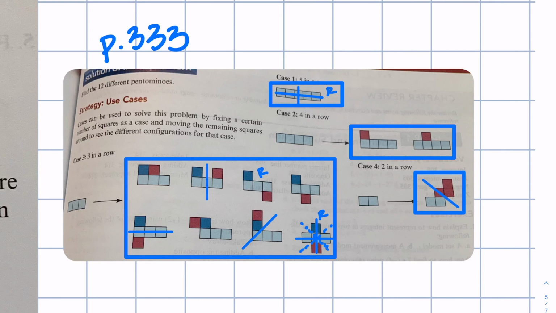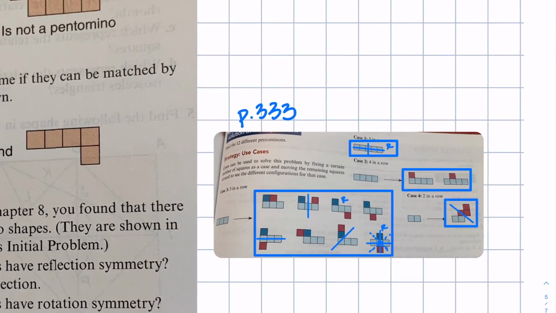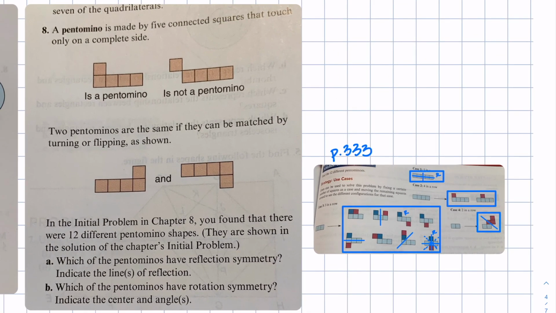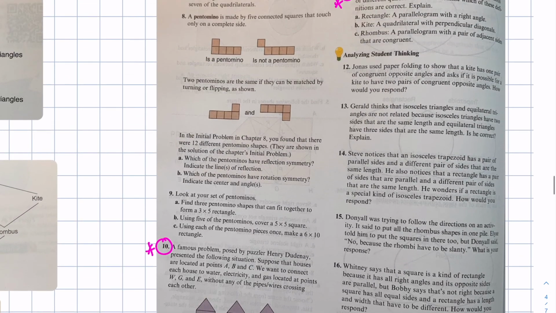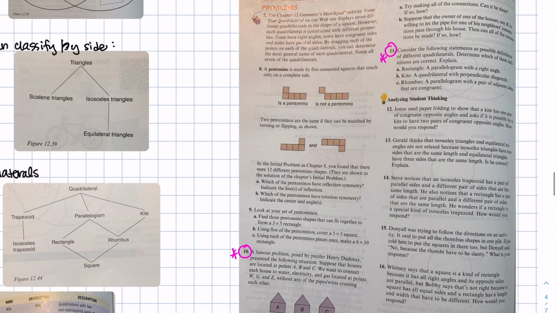Let's see, we can reflect across this line. And I think that might be all we have. Don't think there's any rotations in there. Great. So that kind of answers A and B together quickly. So again, if you are looking for the pictures of the different cases of pentaminos, this is on page 333.